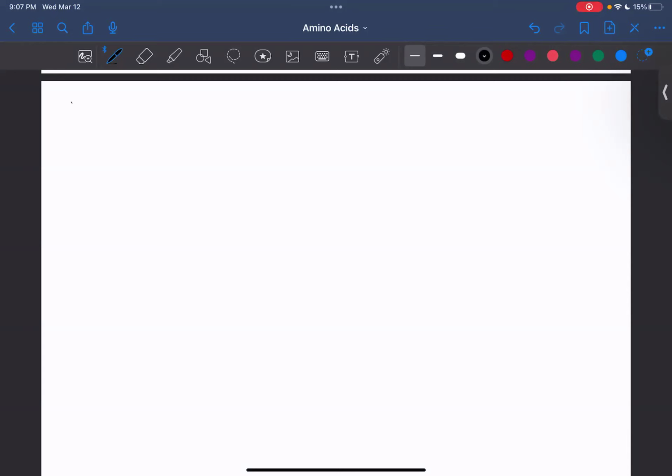Let's do A. Oops, that's V. A, V, G, P, C, G, okay? And the beta turn, this is a secondary structure, is going to be defined by the G and P, okay? So that'll always be given to you, okay?